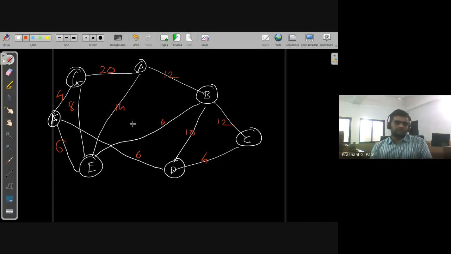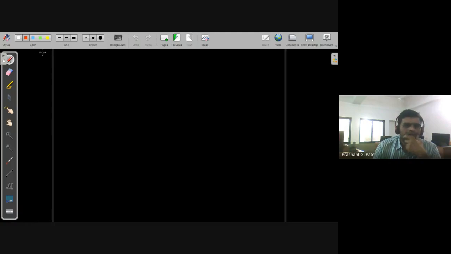This is the graph. Now, as per Prim's algorithm, we are starting with one edge. Sorry, in Prim's algorithm, we are starting with one vertex.